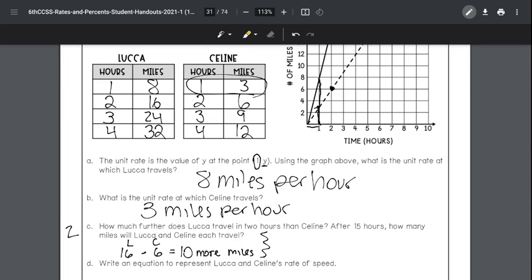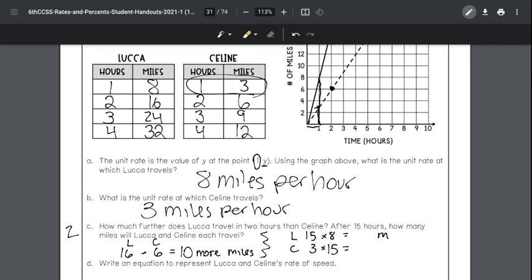Then the second part, it says after 15 hours, how many miles will Luca and Celine each travel? We know Luca travels 8 miles an hour. So we have to figure out 15 times 8 to know how many miles he traveled. And Celine, she travels 3 miles per hour times the 15 hours.